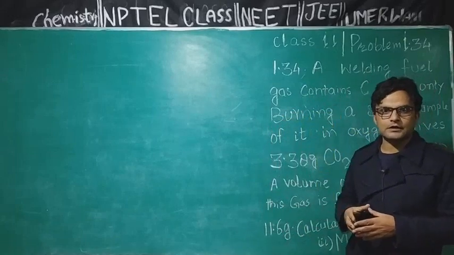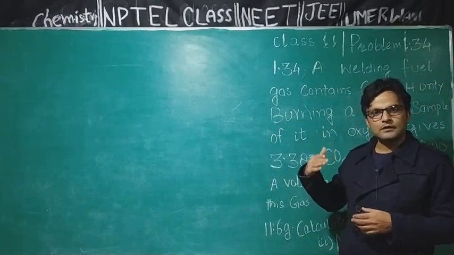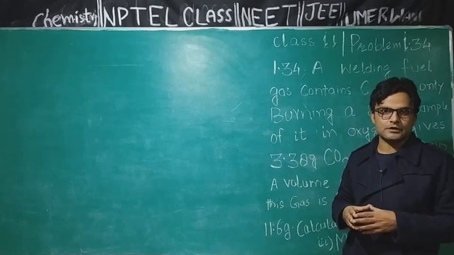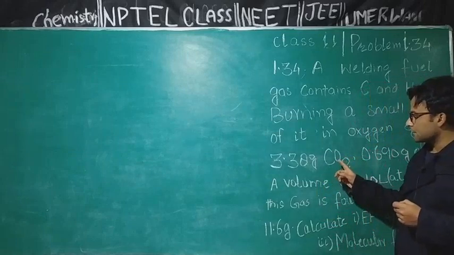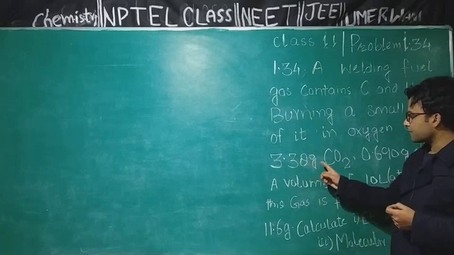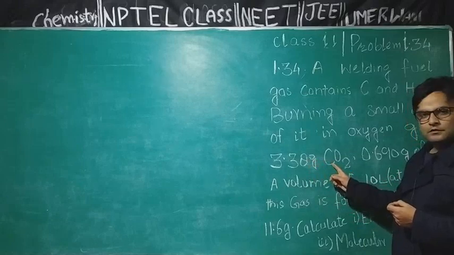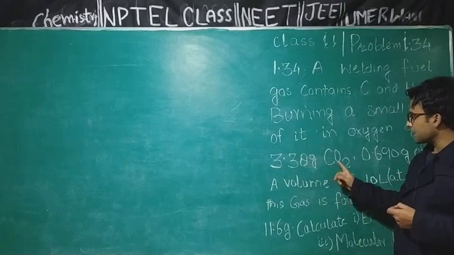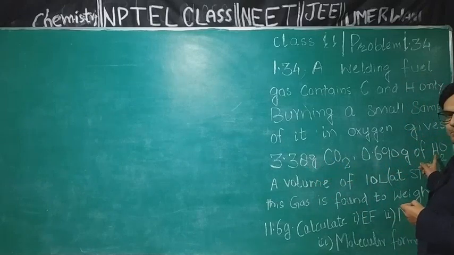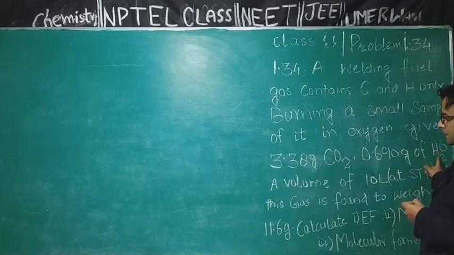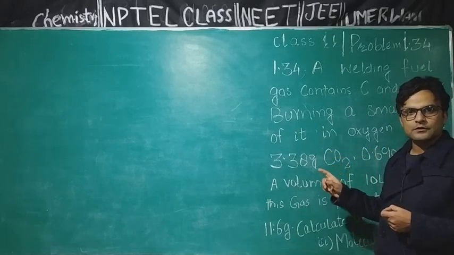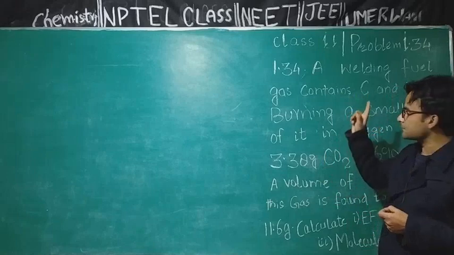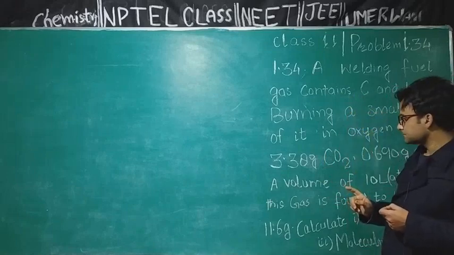The solution of this numerical problem requires various ideas. This chemical reaction is bound to obey the law of conservation of mass, and as per the law of conservation of mass I will use the idea that mass of carbon present in carbon dioxide and mass of hydrogen present in water will be equal to mass of carbon and hydrogen present in this hydrocarbon gas.